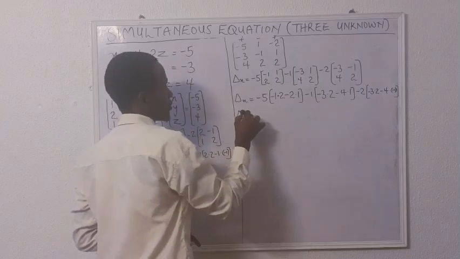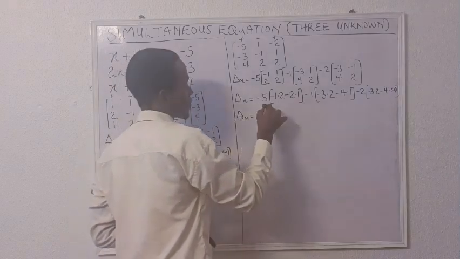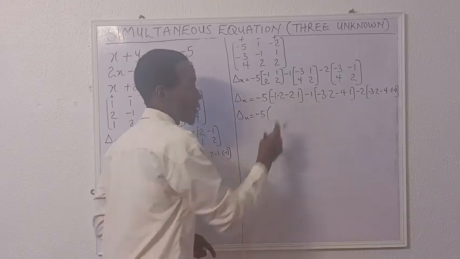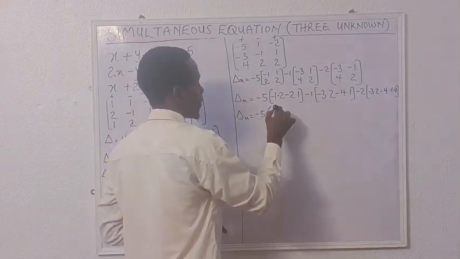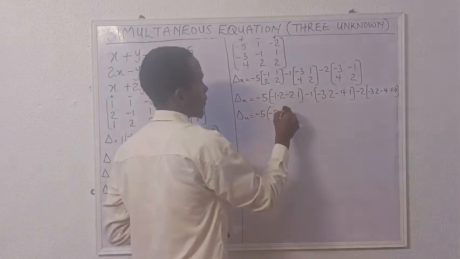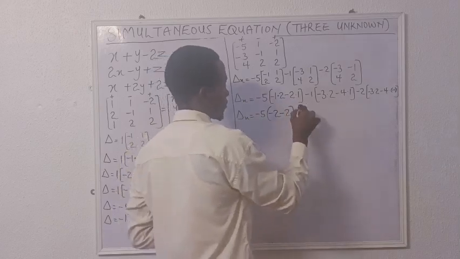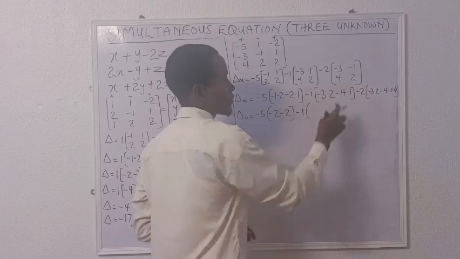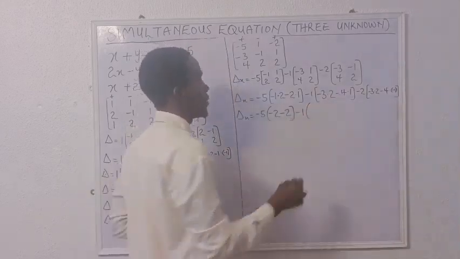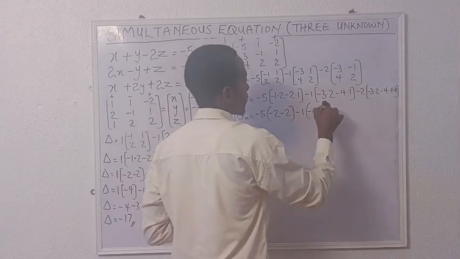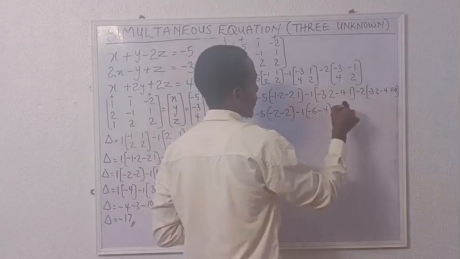So my delta is continuing to be minus 5, minus 1 times 2 is going to give me what? A minus 2. Minus 2 times 1 is going to give me a 2. Minus 1 minus 3 times 2 is going to give me minus 6. Minus 4 times 1 is going to give me a 4.